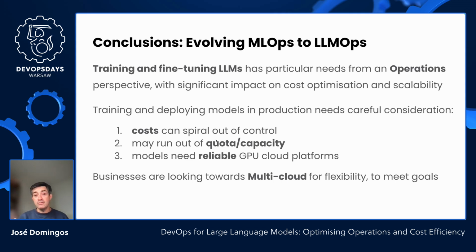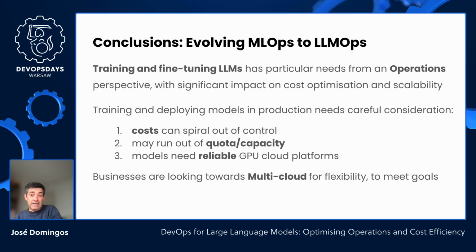You may run out of quota capacity. If you run out of quota capacity, you may not be able to train your model or run your model, or even worse. And you need a reliable platform. If your business becomes dependent on these AI models, you need reliable platforms that deliver service, and the models can keep working when you most need them, when the customers of an organization most need them.